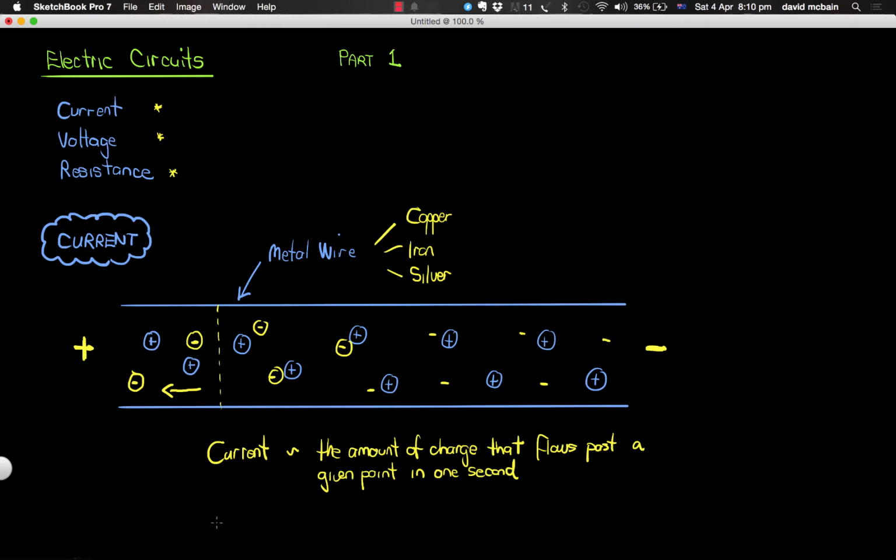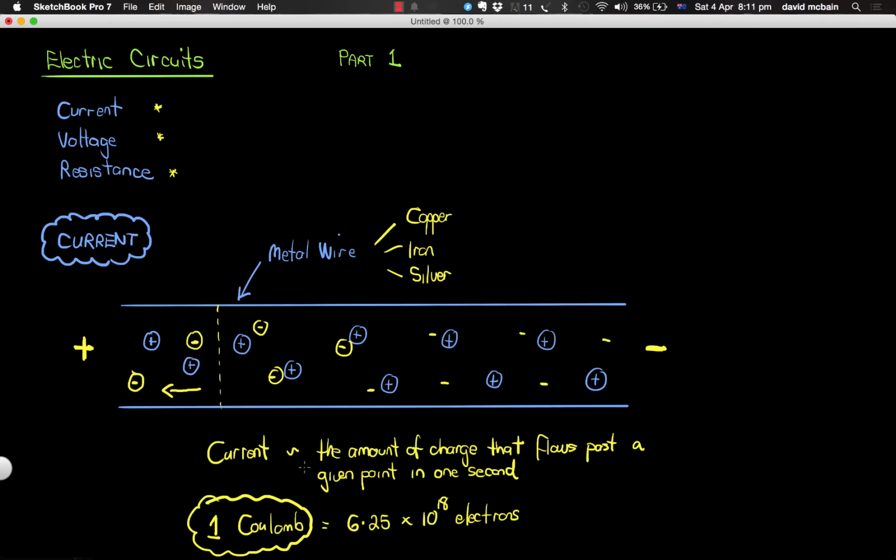If you've done chemistry at Year 10 level, you've probably heard of the Coulomb. 1 Coulomb is a measure of charge. 1 Coulomb is equal to 6.25 times 10 to the power of 18 electrons. So if you can imagine that many electrons packed up into a little sack or a parcel, that parcel would represent 1 Coulomb of charge.